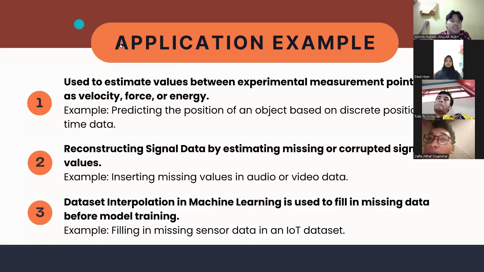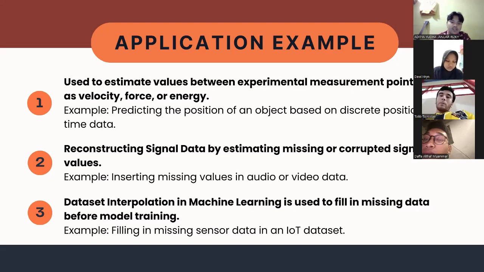We want to see examples of this method. First is used to estimate values between experimental measurement points such as velocity, force, or energy. For example, predicting the position of an object based on discrete position and time data. Second one is reconstructing signal data by estimating missing or corrupted signal values.